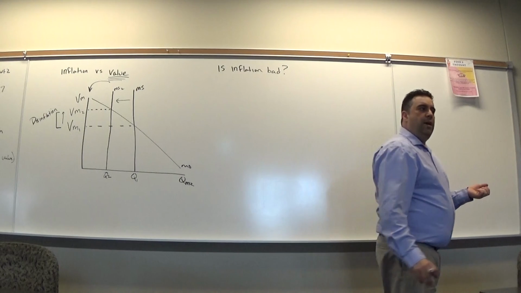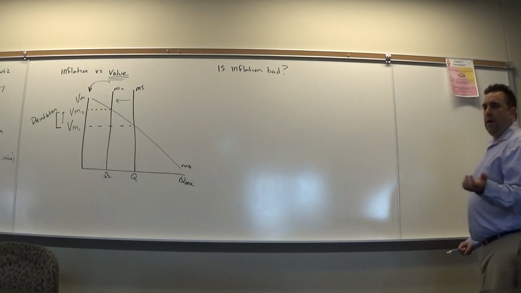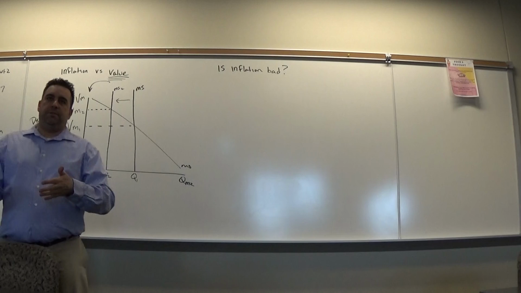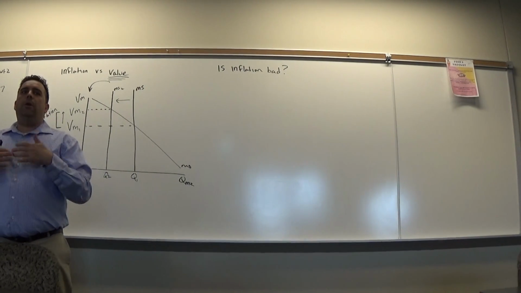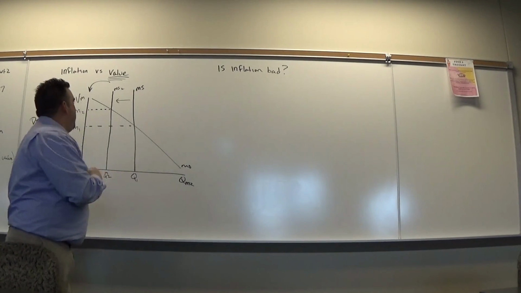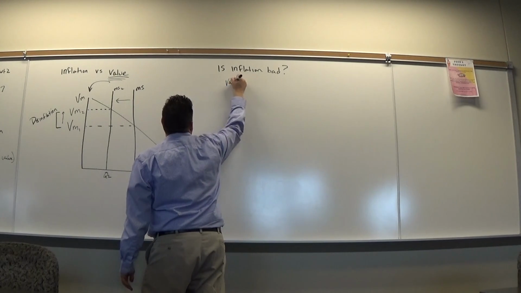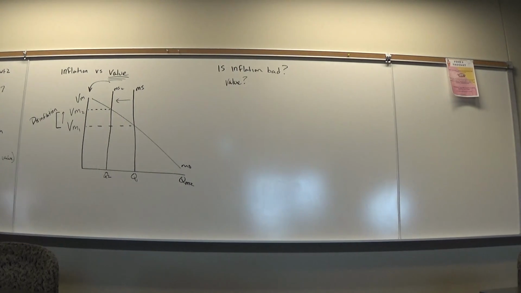We then talked about it with the interest rate and the effect it has on your savings. And again, in this case, well, we've been saving at negative real interest rates for your entire life. So, well, maybe inflation's a little bad here. I want to expand that question now: is inflation bad as it pertains to value? And again, we think about value in terms of what can you get for your money, and especially what can you get for your money over time.